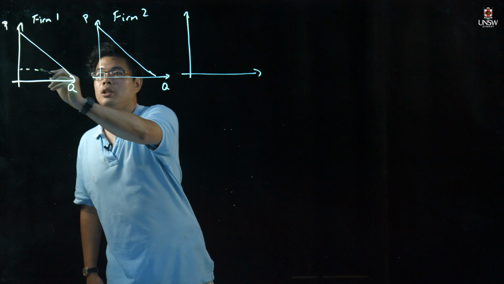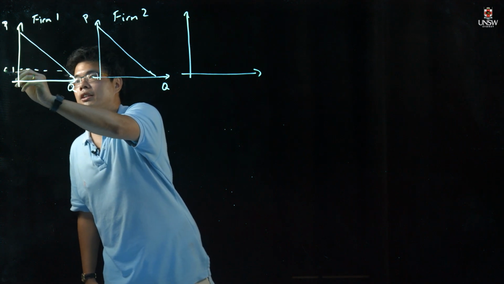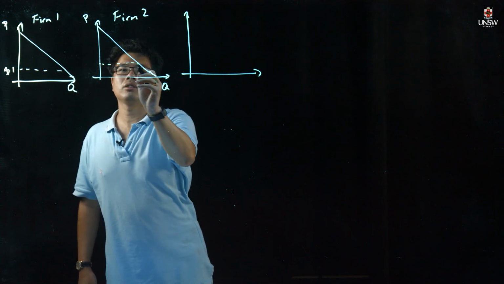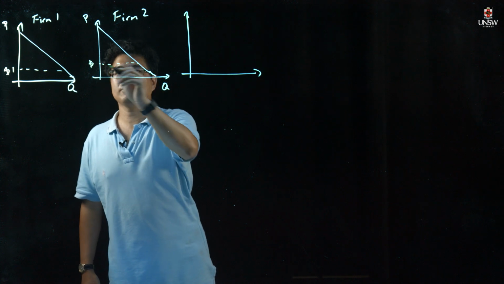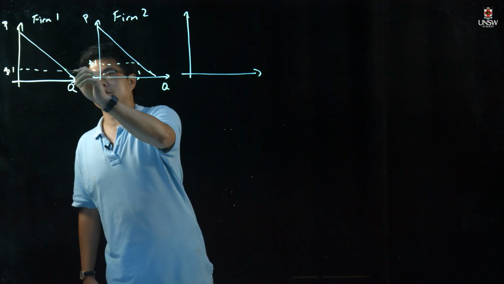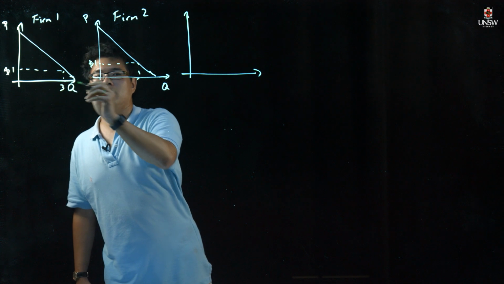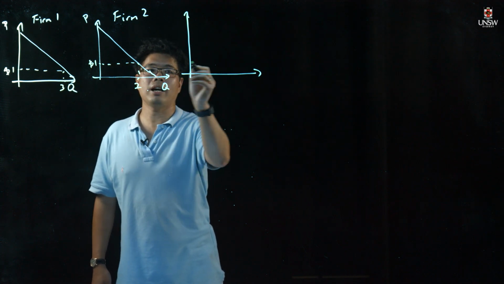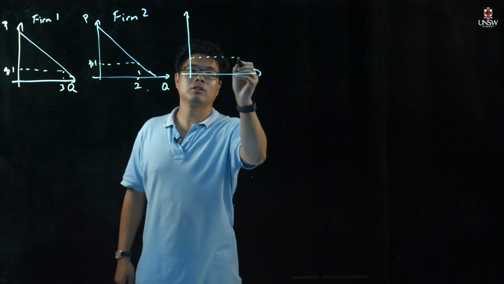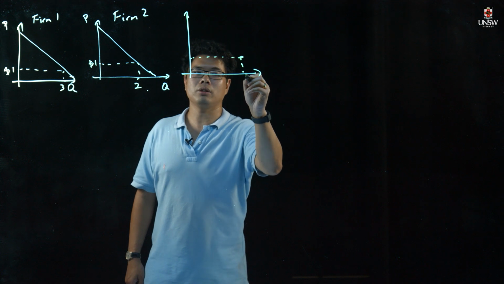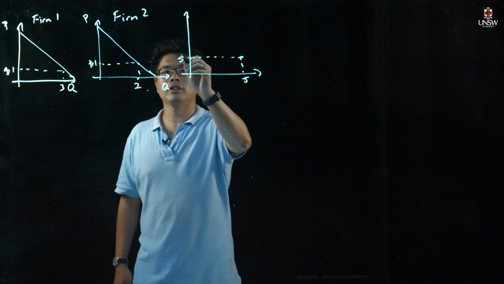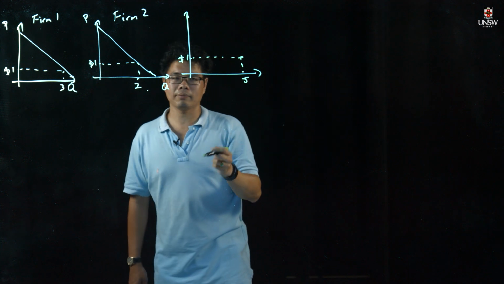At a particular price point, let's say $1, this might be 3 units and this 2 units. So at a price of $1, this is really 5. This is what we call horizontal summing.